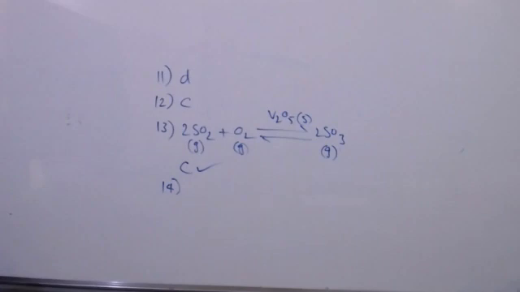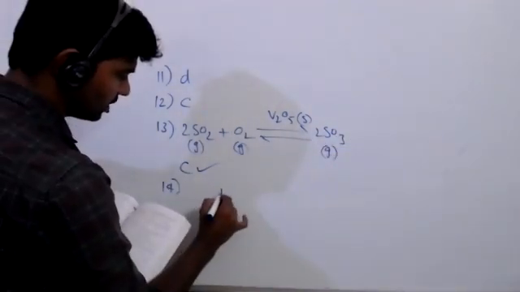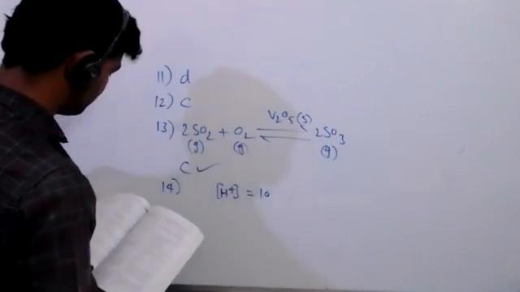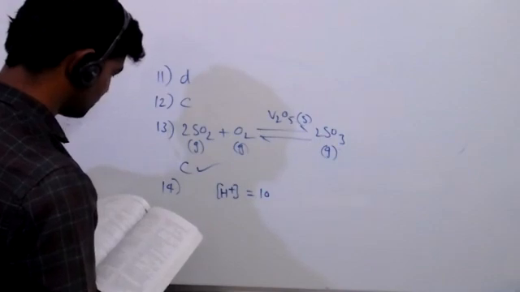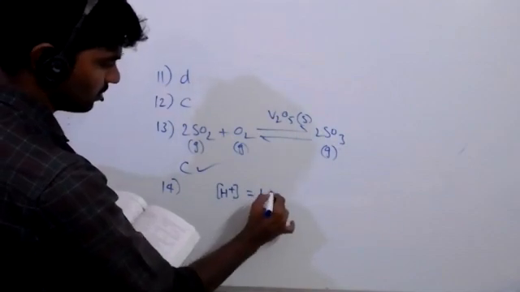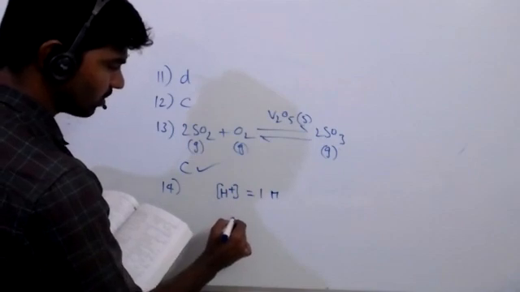Question 14. Hydroxyl ion concentration of 1M HCl. What is the OH minus ion concentration? Sir, option A. So the H plus concentration here is 1 M. Then H plus concentration times OH minus concentration is equal to 10 power minus 14.